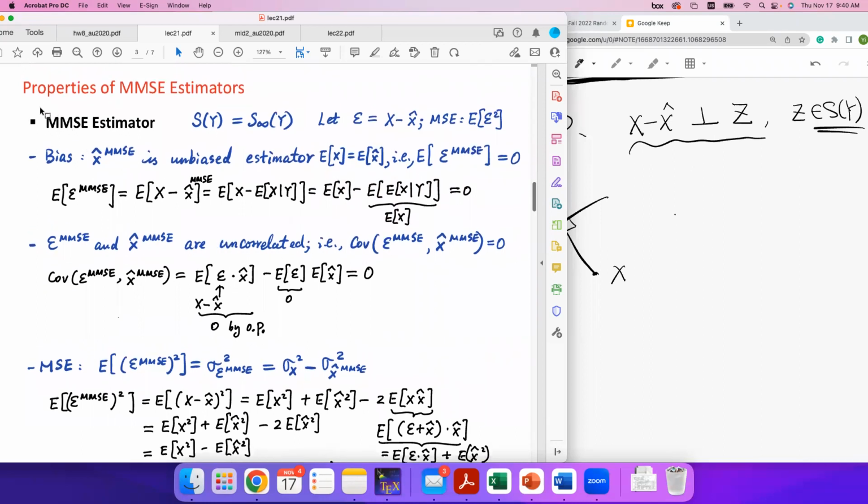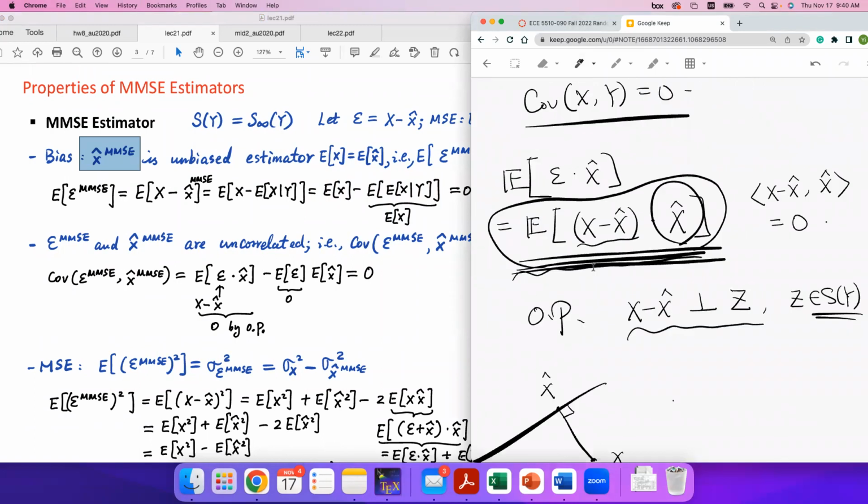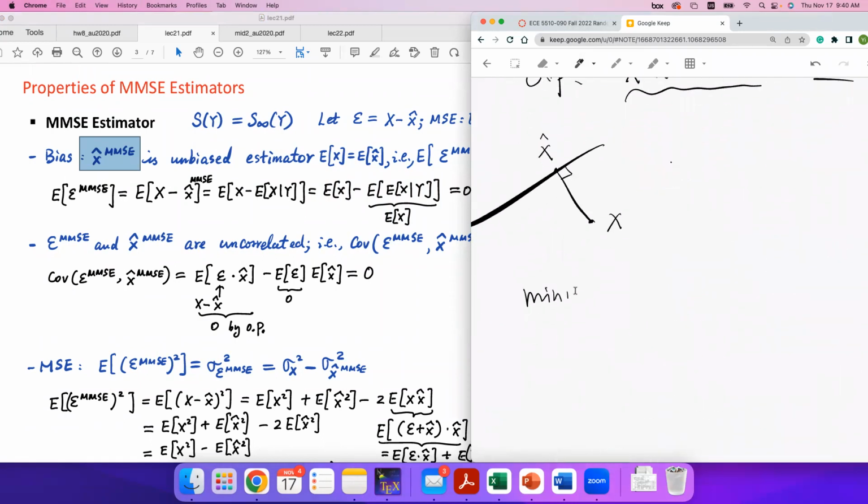Because this estimator is derived by minimizing the mean square error, by minimizing the expectation of x minus x hat squared. This MMSE estimator is computed by solving this problem.